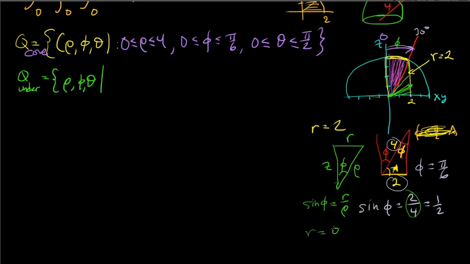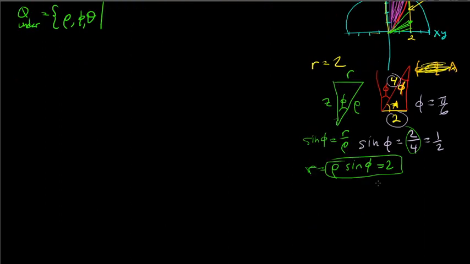So r is really just rho times sine of phi. And if r is 2, then rho sine phi is just equal to 2. Which means rho, if I divide by sine, is just 2 divided by sine of phi, or, better yet, 2 times the cosecant of phi.